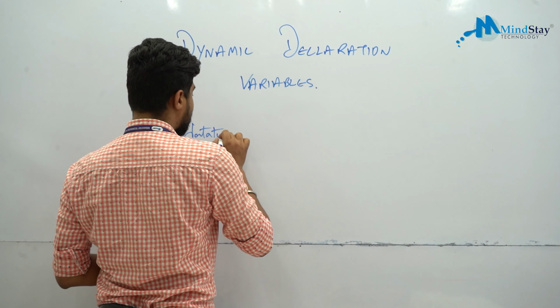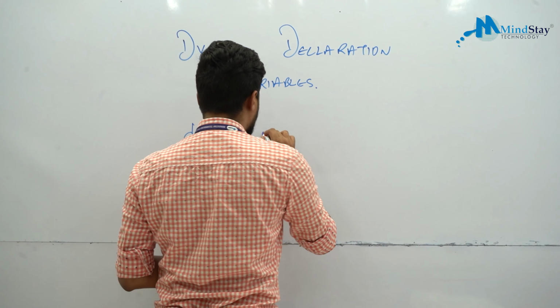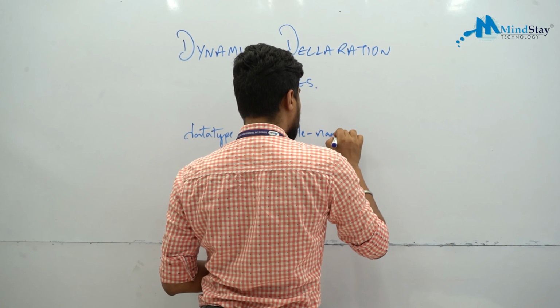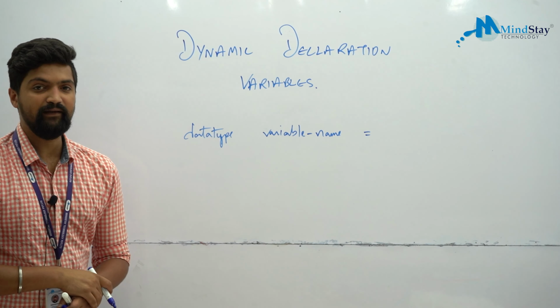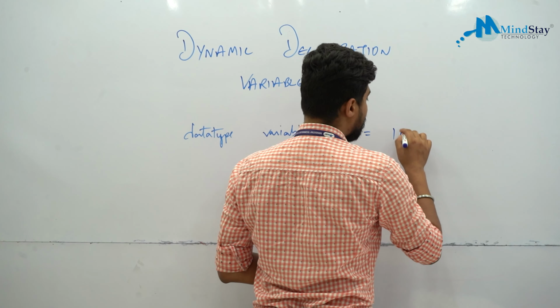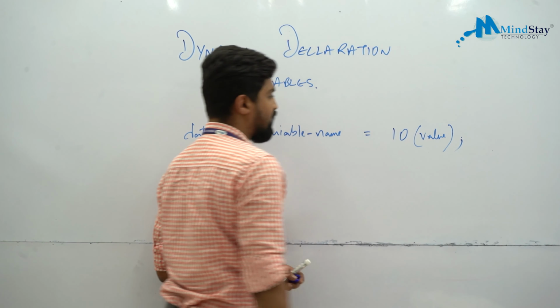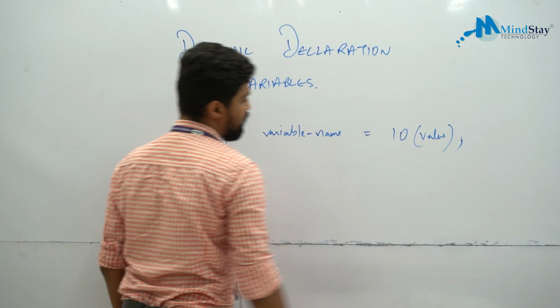I have my data type, I have my variable name, and in the same line, I'm assigning it with a value. So this is what dynamic declaration basically means.